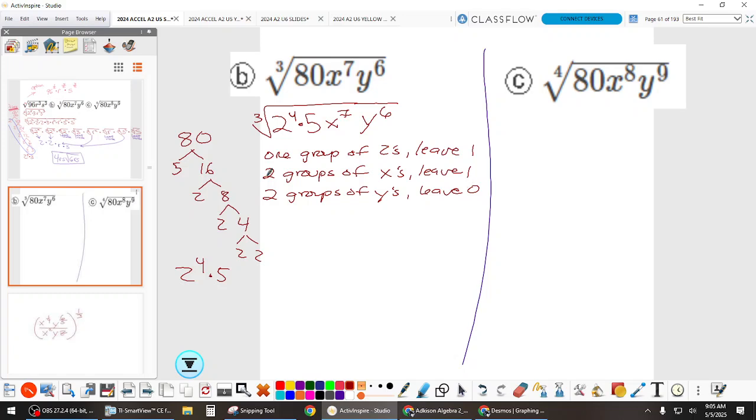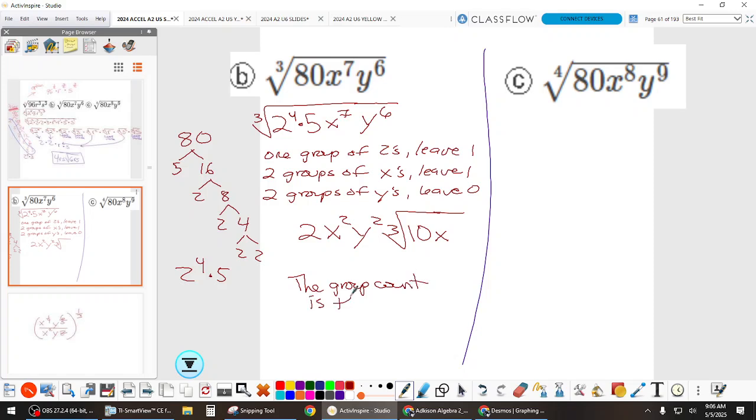So 2 groups tells us that's the power of the exponent. So this is going to be 2x squared, y squared, cube root of 2 times 5, which is 10, times x inside. The group count is the exponent on the outside.